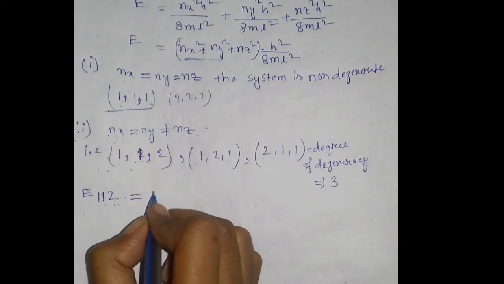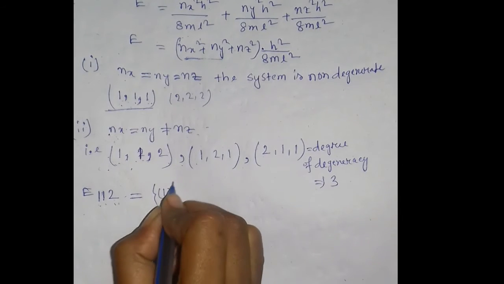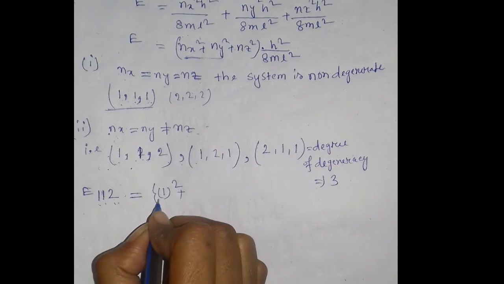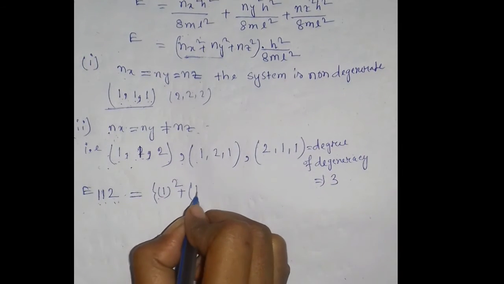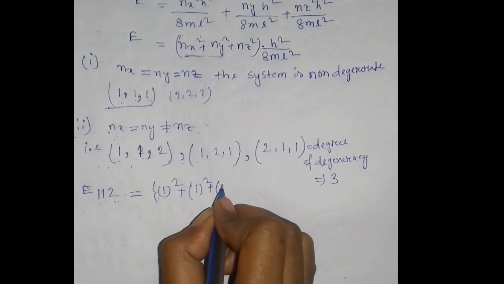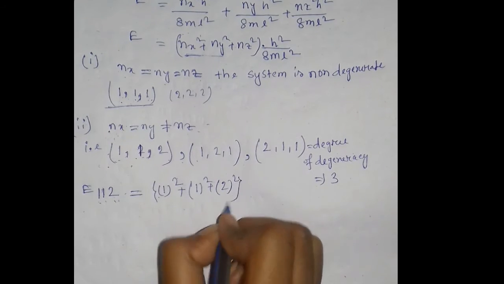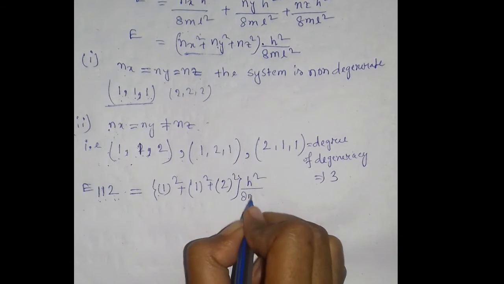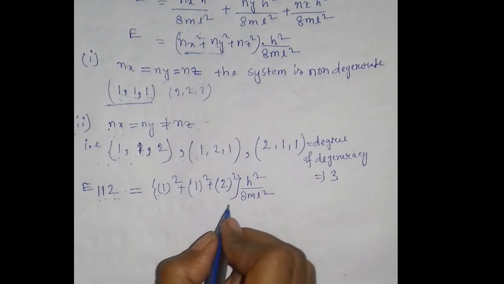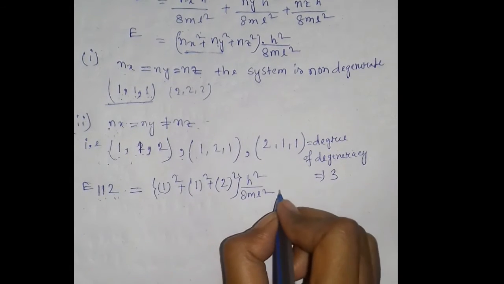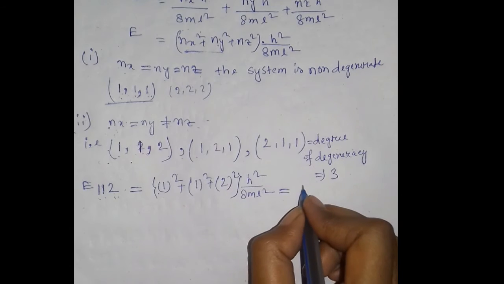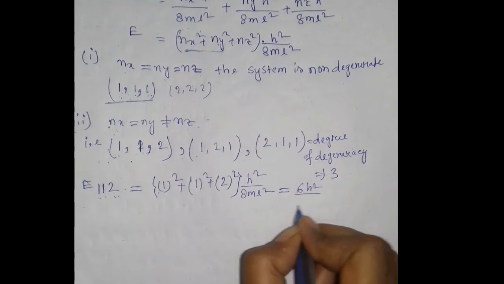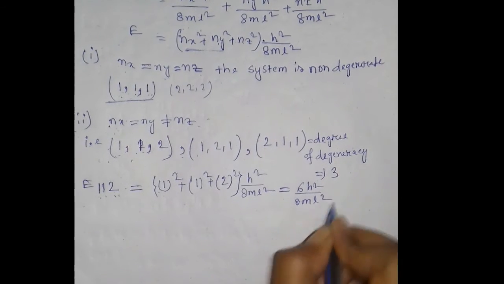Then the energy is 1 square plus 1 square plus 2 square, multiplied by h square by 8m L square. Then the energy is 6h square by 8m L square.